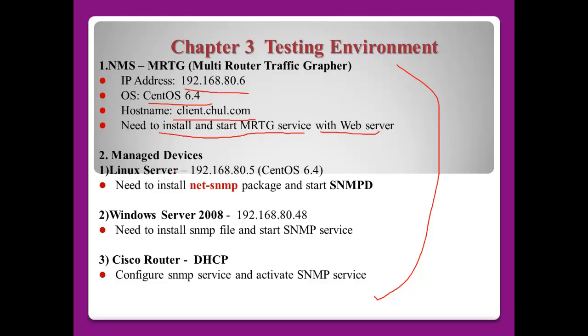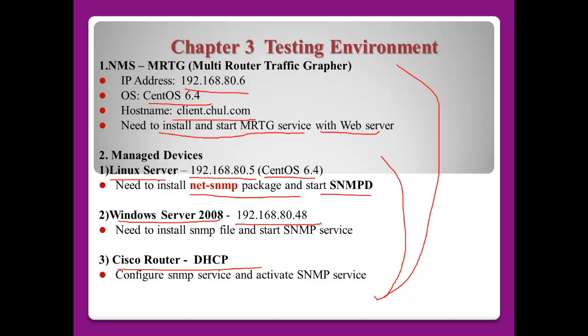Number two, managed devices. There are three kinds here in this video. I already prepared the three kinds of managed devices: Linux server, Windows Server 2008, and Cisco router like this. So the Linux server has this IP address, CentOS, and as a managed device, normally we need to install the Net-SNMP package and start the SNMP daemon.